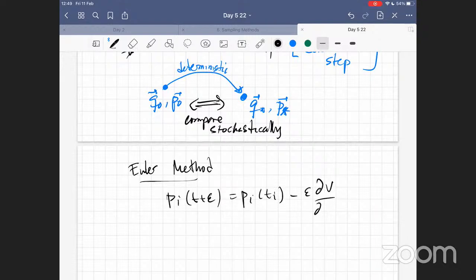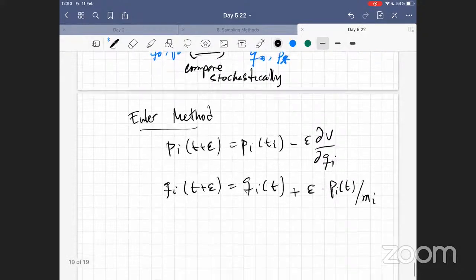I'm just solving the Hamilton equations using this numerical procedure here. So I'm just shifting by epsilon. And this is t plus epsilon times.